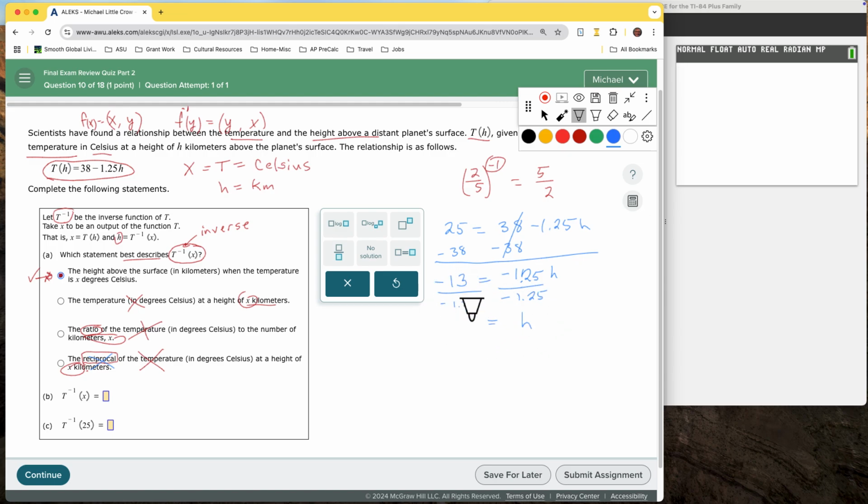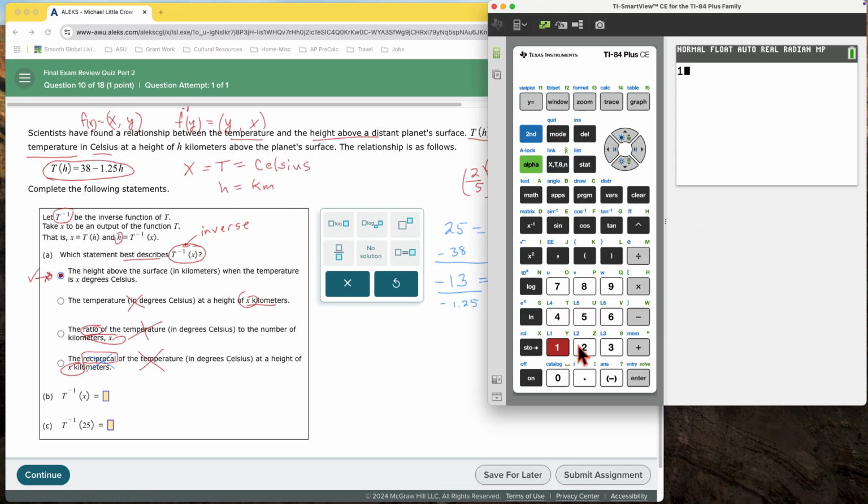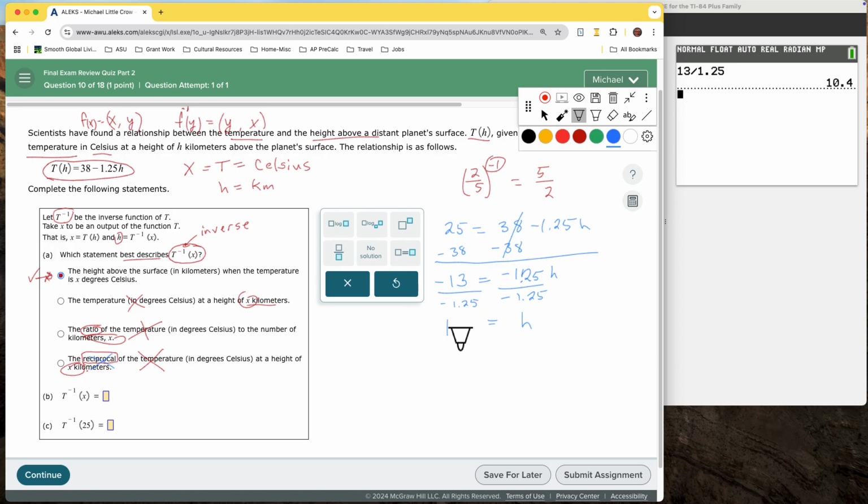We're going to get that h is equal to 13 divided by 1.25, and the negatives are going to cancel. 10.4. So it's 10.4 kilometers high.